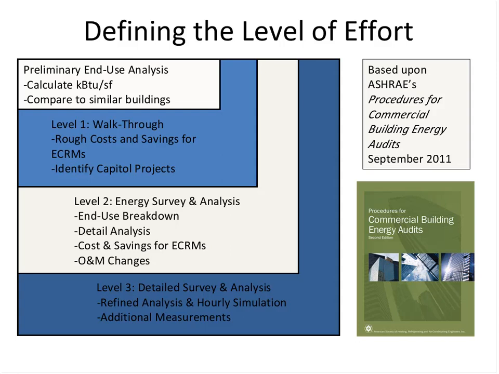Level 3 is a very detailed survey and analysis, or what they call an investment grade audit. You typically do a simulation of the building in a computer code, and you look at all the measures that are available. Today we'll get into the preliminary analysis, the walkthrough, and some of Level 2. Level 3 would be beyond our scope, and much of Levels 2 and 3 really takes a professional in the field to perform those duties.